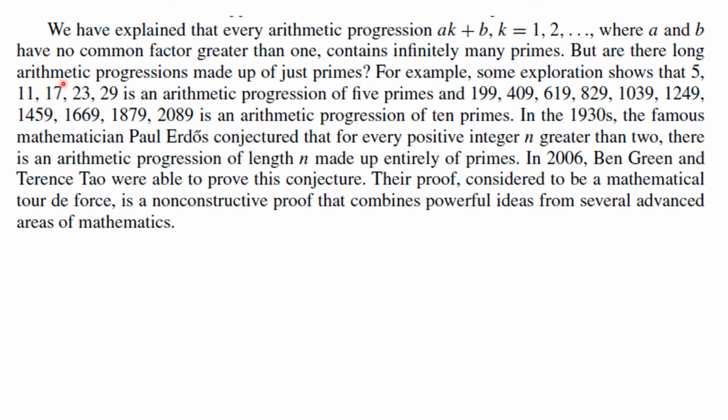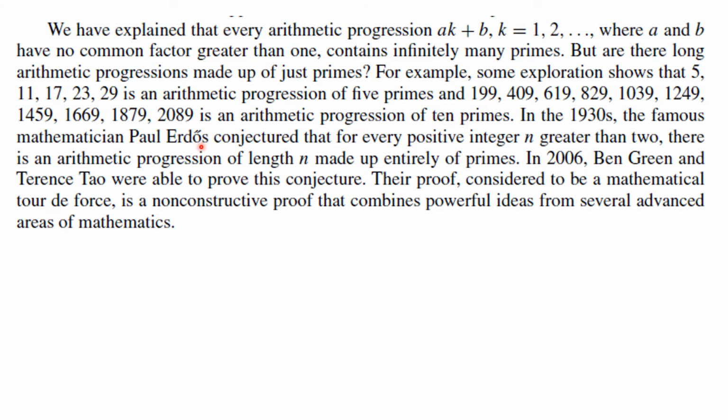But are there long arithmetic progressions made up just of primes? For example, some explorations show that 5, 11, 17, 23, and 29 is an arithmetic progression of 5 primes, and this one has 10 primes.